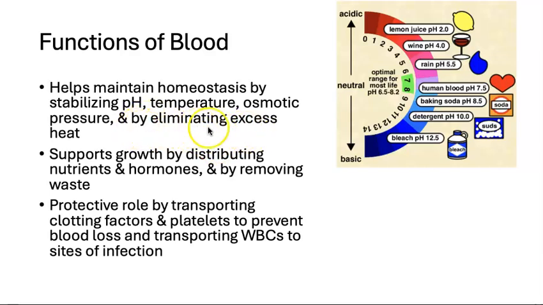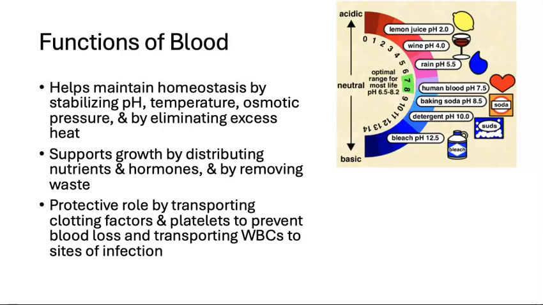And by eliminating excess heat, we could do this through mechanisms like having vasodilation in the vessels that are closer to the surface of our skin so that that heat from the blood can radiate off into our environment.